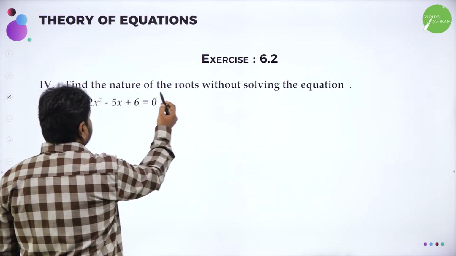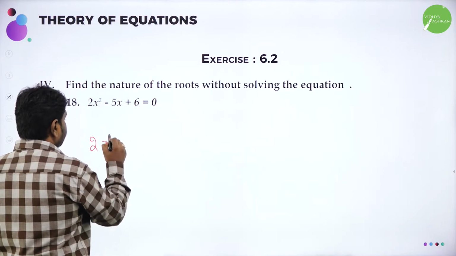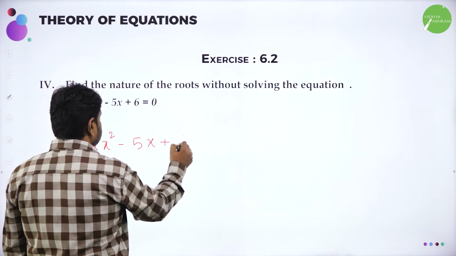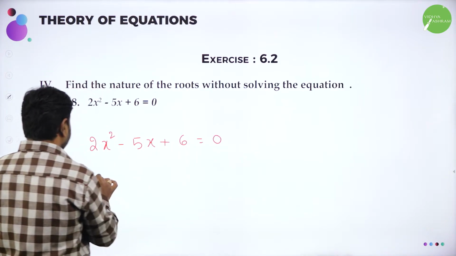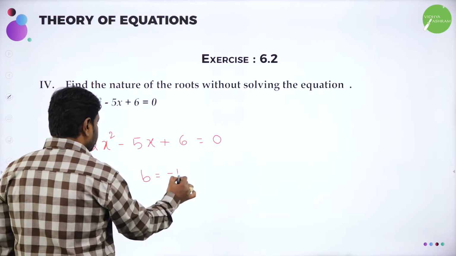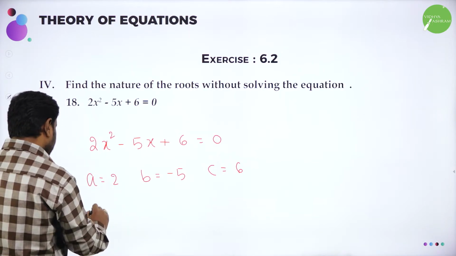So now find the nature of roots without solving the equation. They give 2x square minus 5x plus 6 equal to 0. Again, by method of comparison, a we have 2, b we have minus 5, c we have 6. Now we will find discriminant. What is discriminant?